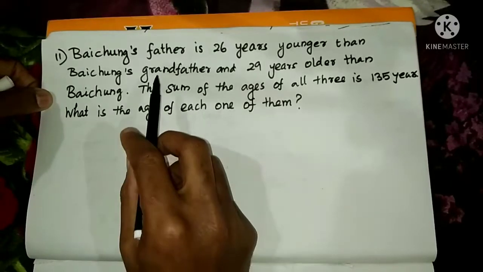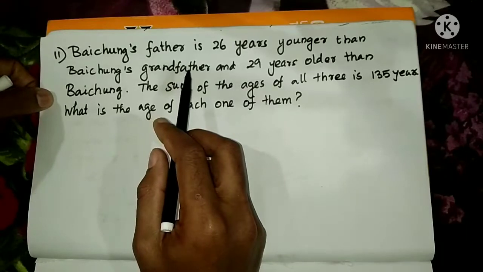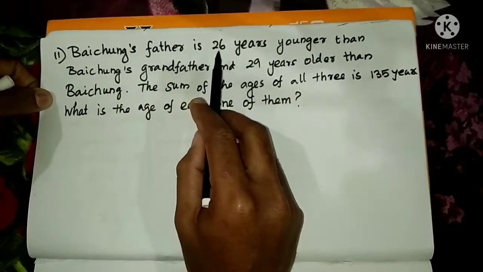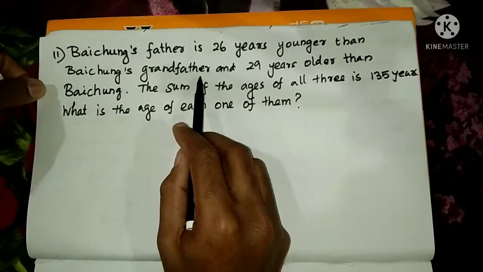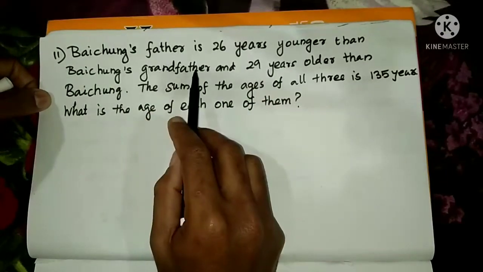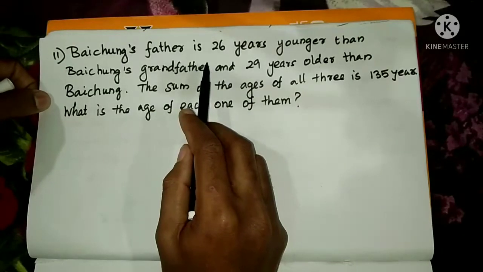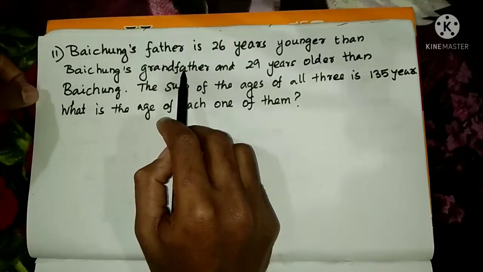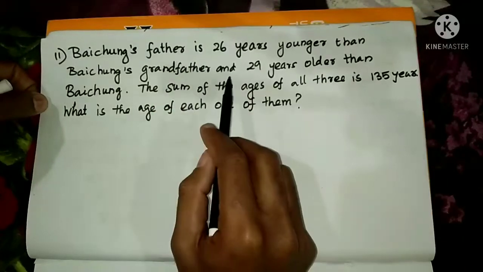Let us break this question sentence by sentence, part by part. Baijang's father is 26 years younger than Baijang's grandfather, which means Baijang's grandfather is 26 years greater than his father.